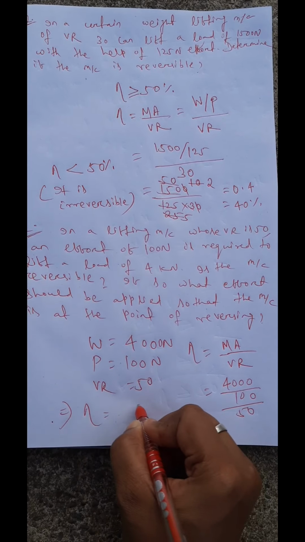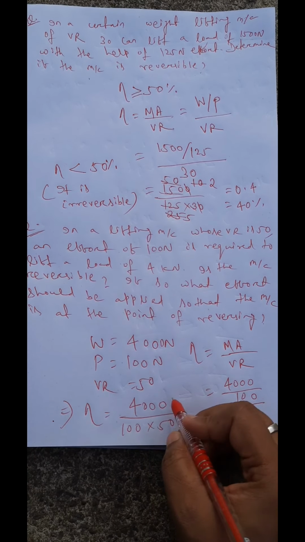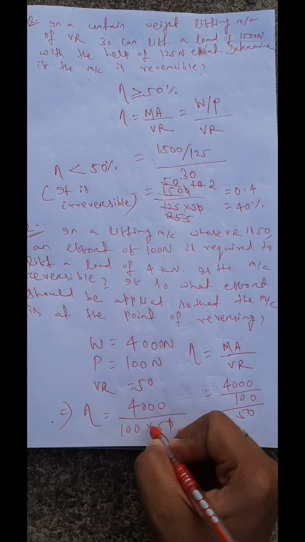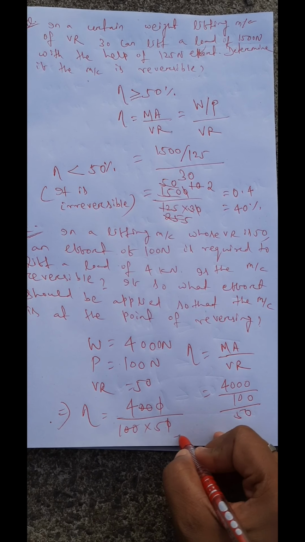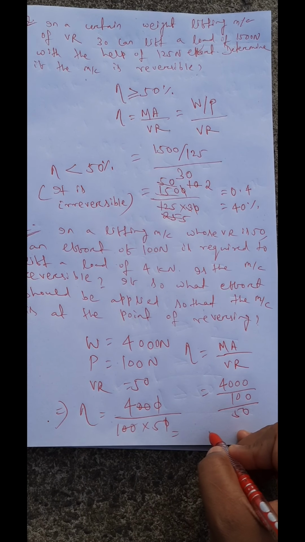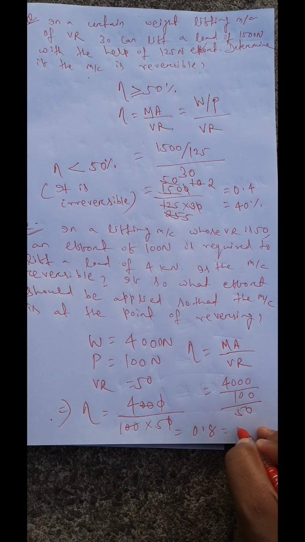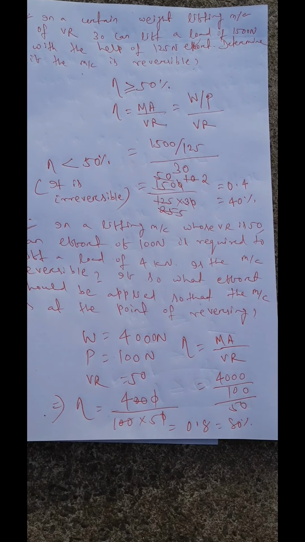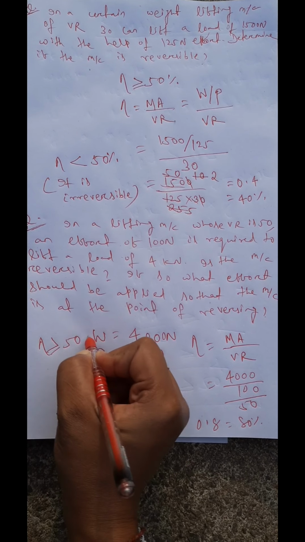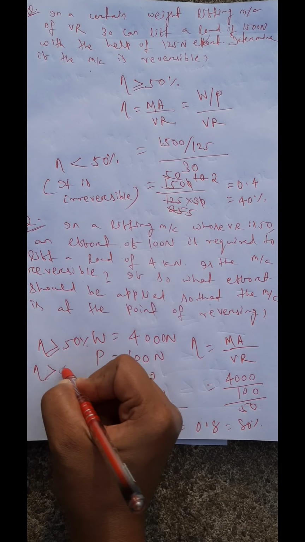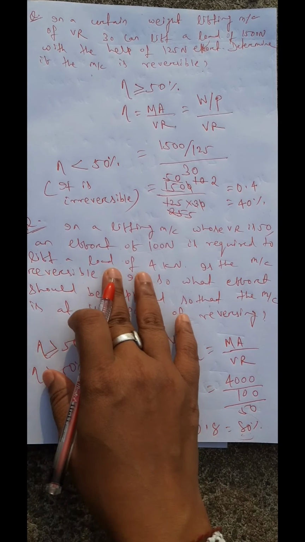That means eta equals 4000 divided by 100 into 50. So it cancels. It is 4 by 5, that is 0.8. It is 80%. So here the machine is reversible, as efficiency is greater than or equal to 50%. So this machine is reversible.